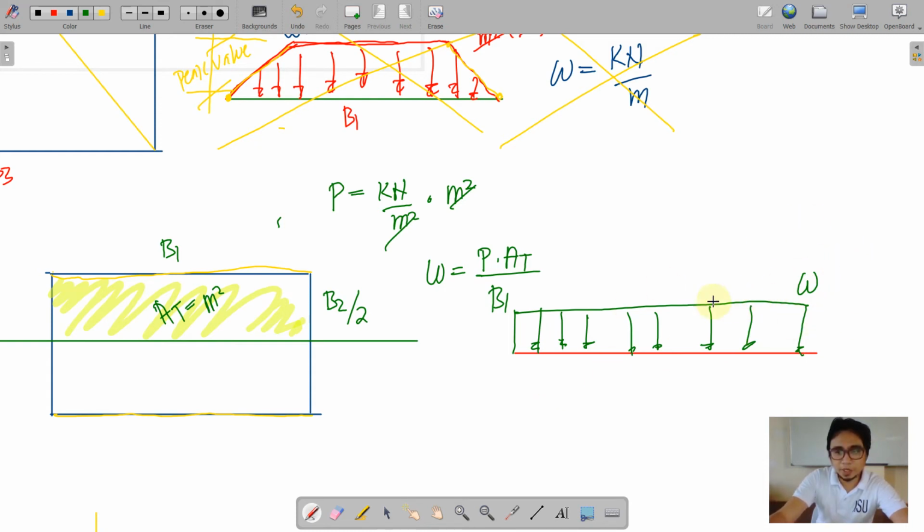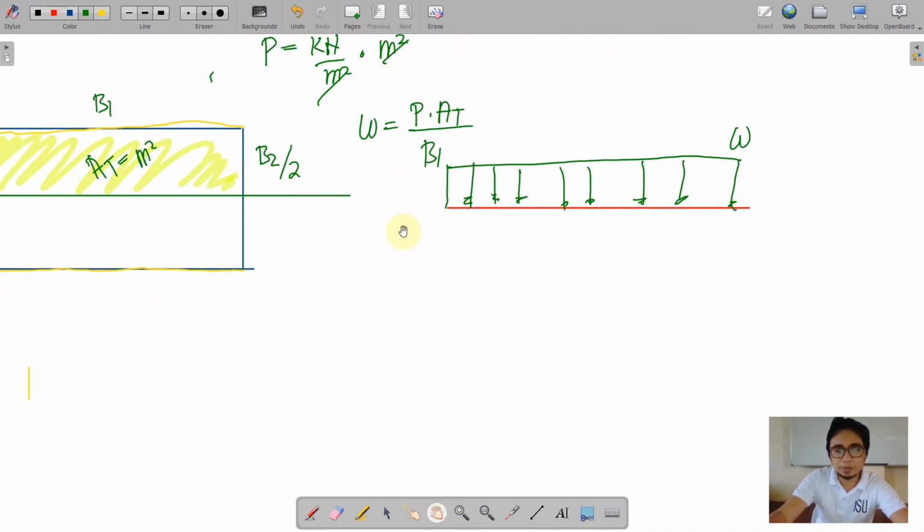this shall be adapted to the two-way slab, wherein we'll just have to redraw this one. We'll use the trapezoidal distribution.